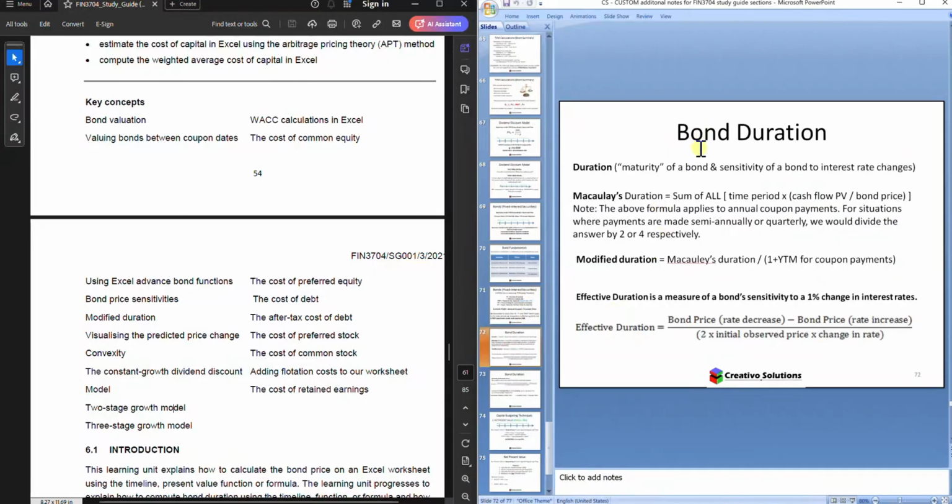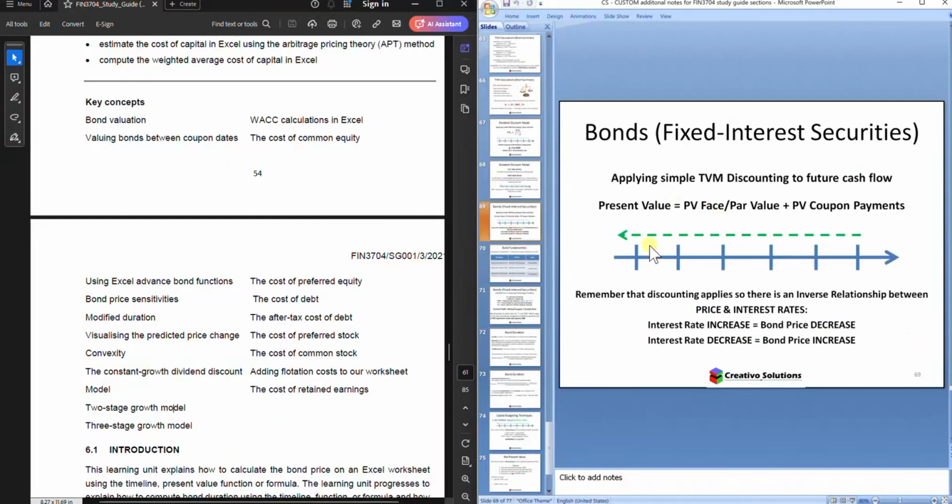The bond duration, which you looked at in I&V, is just looking at the sensitivity of the bond price in relation to the changing interest rate. So remember, bonds are discounted back in time because a bond is a promise to pay. Very similar to this in terms of future payments.